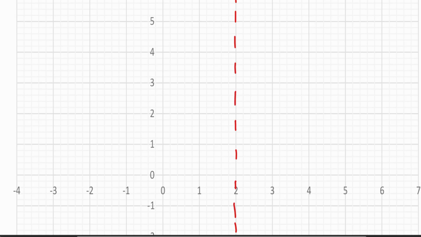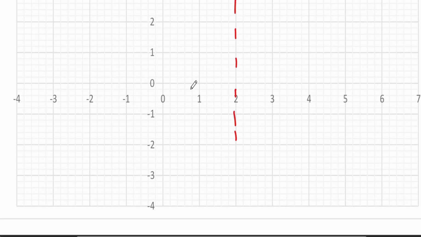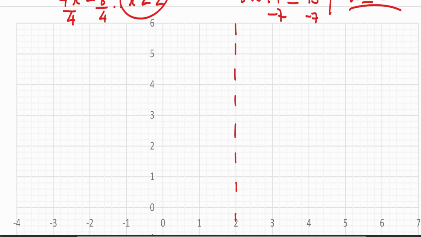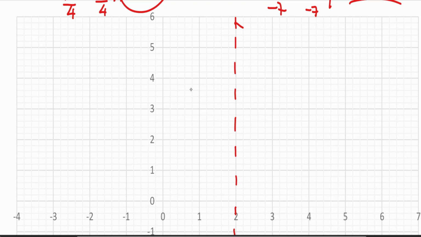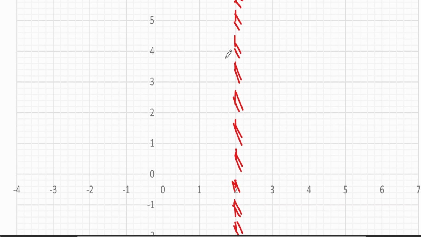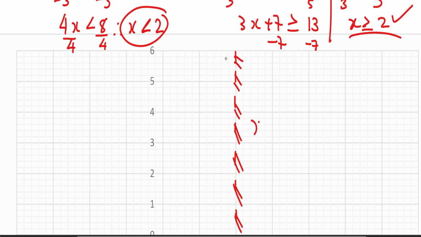Since it's less than 2, you need numbers that are less than 2. You don't need numbers that are greater than 2, so just shade that part. So this is now your x equal to 2.